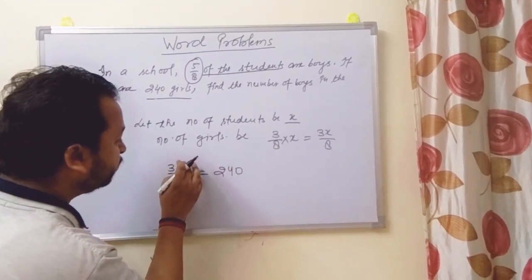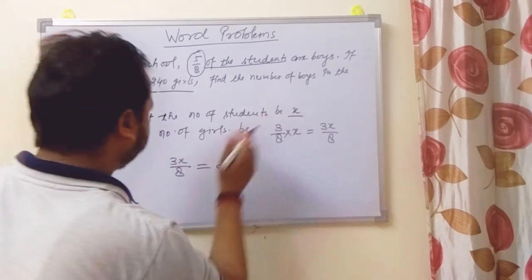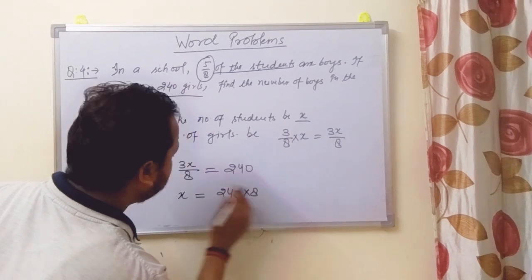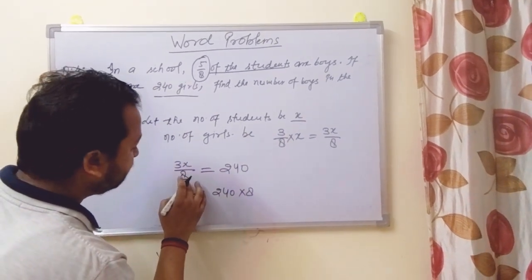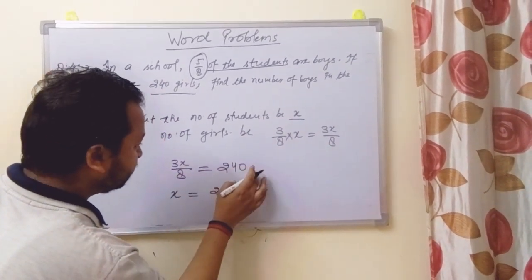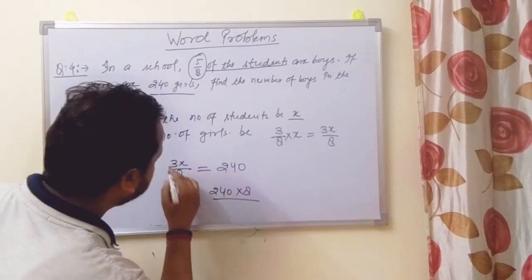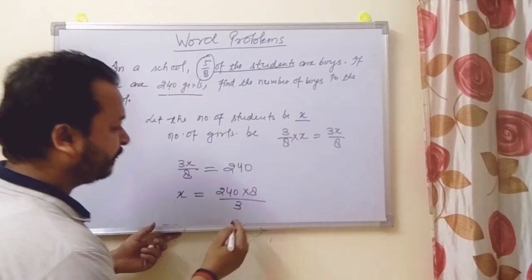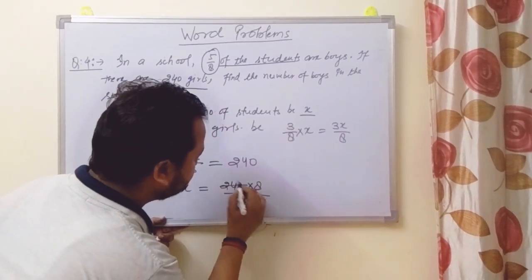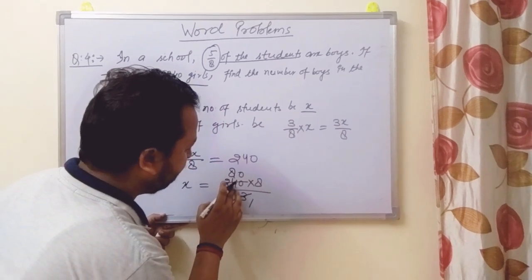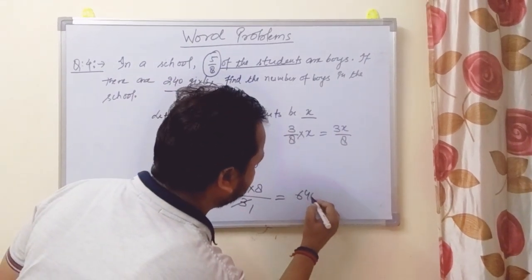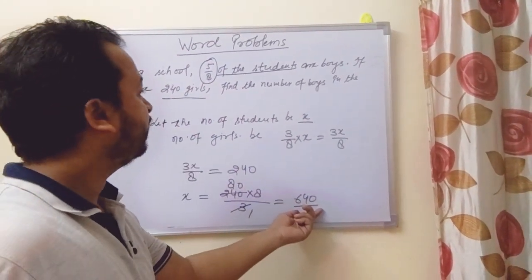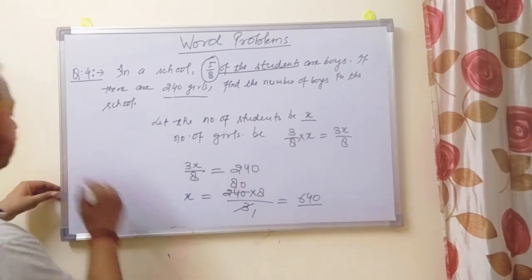So you have to find out the number of students first. The value of x is 240 multiplied by 8, because it is a denominator. When it comes to this side, it will multiply, and here it is in multiplication, so it comes into division. So 3 ones are 3, 3 eights are 24, 80, 8 eights are 64. So 640 is the total number of students, right? There are 240 girls.